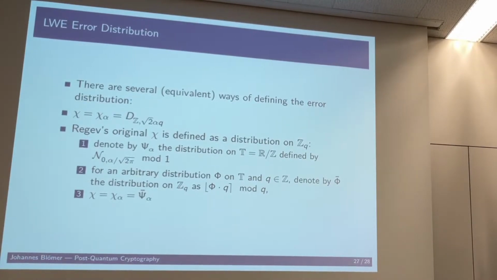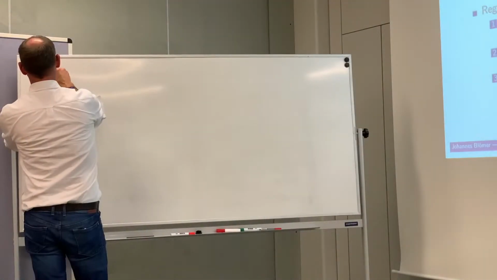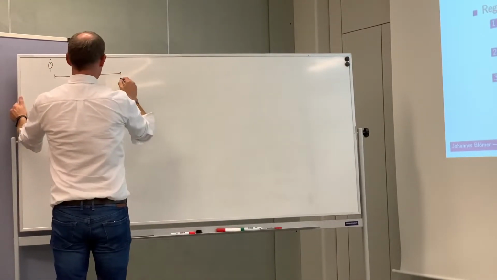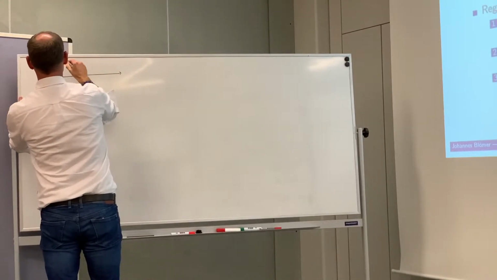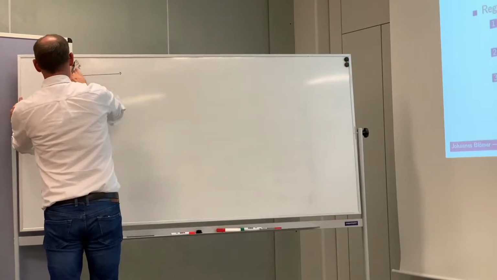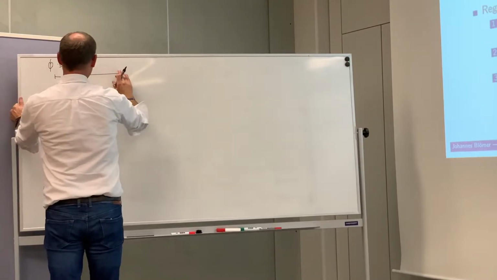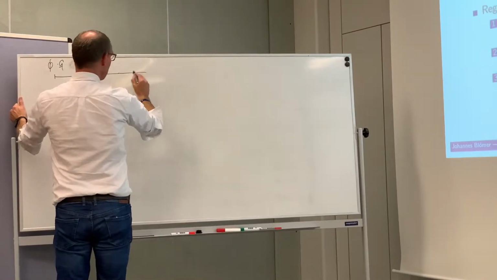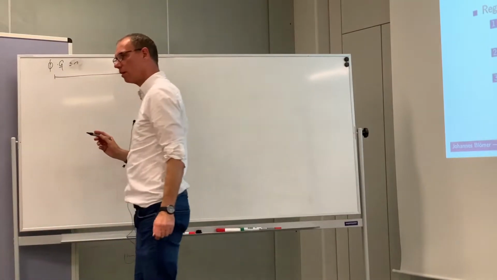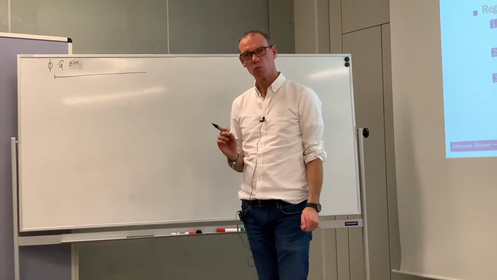If you look at it, here we have this phi. And phi times Q is always less than Q. Well, it's not less than Q, but it's some integer. The way I did it, phi is at most 1.